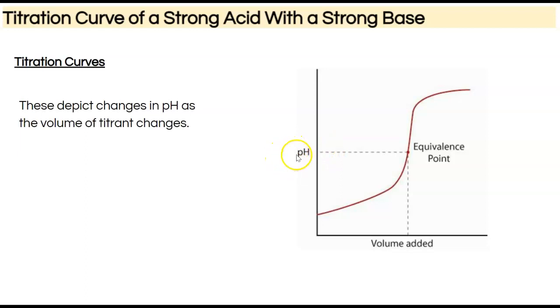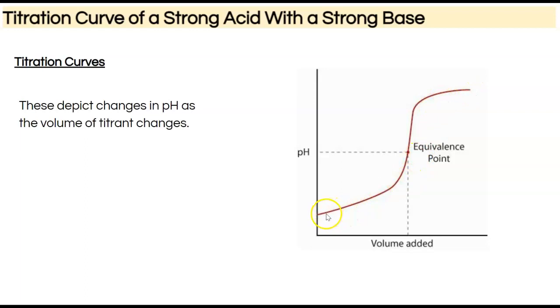We want to see how pH changes as a function of changes in the titrant volume added. We're going to be adding our titrant slowly, and that's going to cause a change in the pH of our analyte. Over time, it looks like we start out with a very low pH, and the pH steadily climbs.